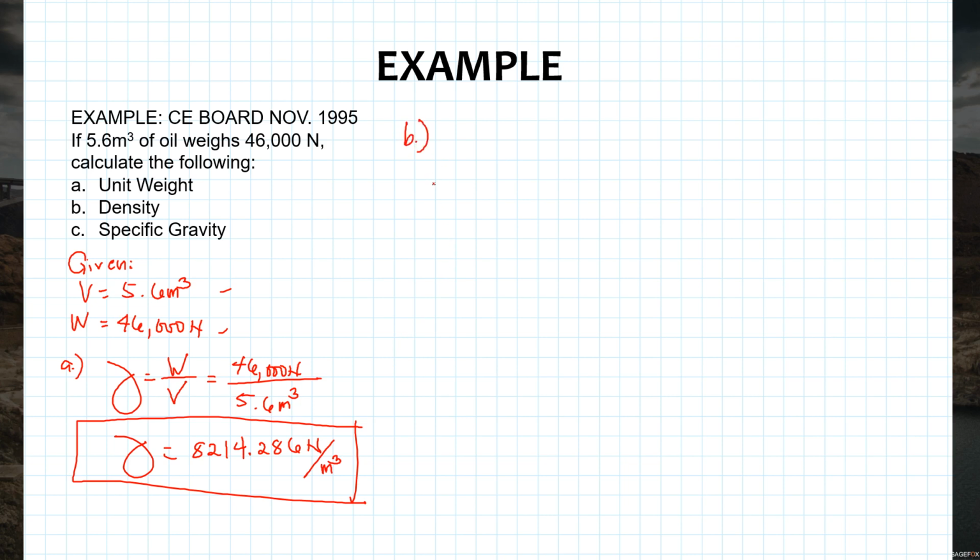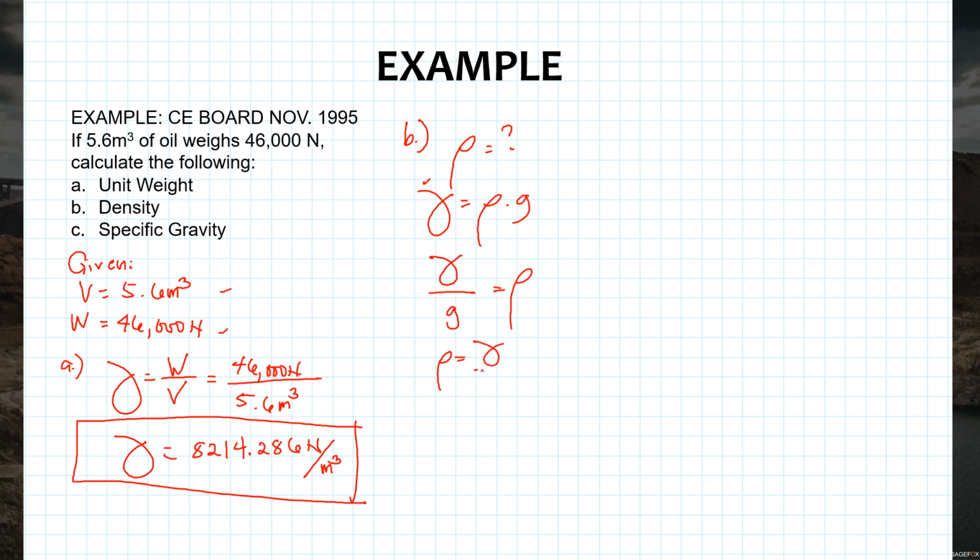Letter B. What is the density? What is rho? Going back on the lecture, unit weight is mass density multiplied by G. So if we already have a unit weight, gamma, okay, we can just simply divide both sides by G so that unit weight over G is your mass density.